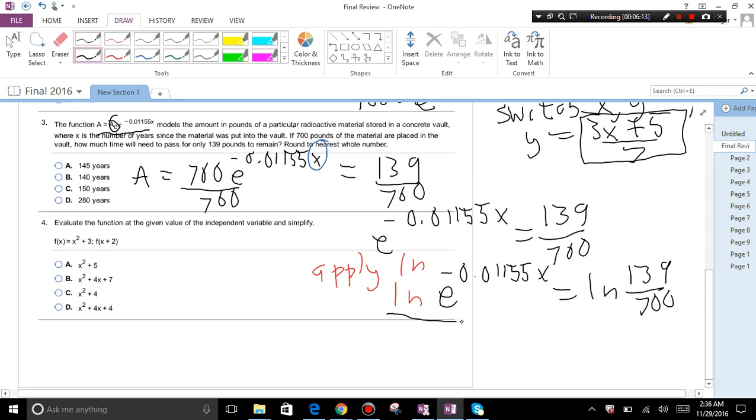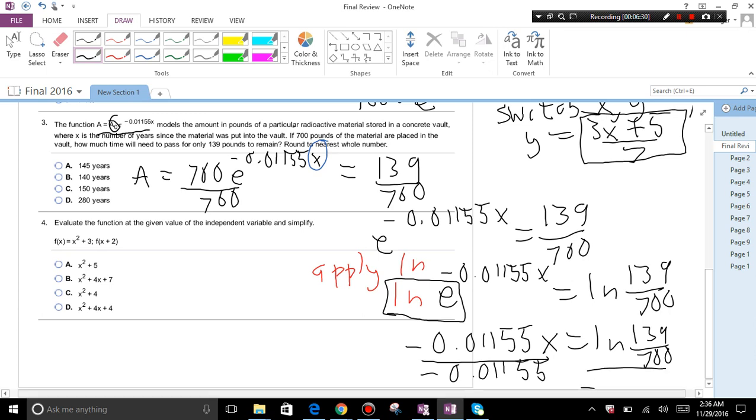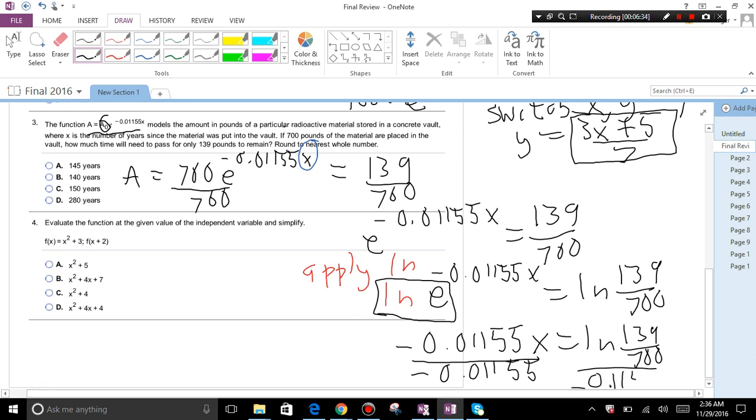And then again, the natural log and e just cancel. And so it's negative 0.01155x equals the natural log of 139 over 700. And then you just divide by this super ugly number and put it in your calculator. And that'll be one of these numbers.